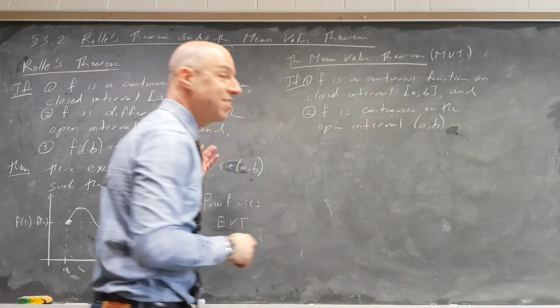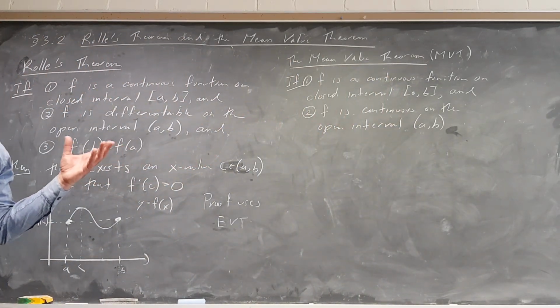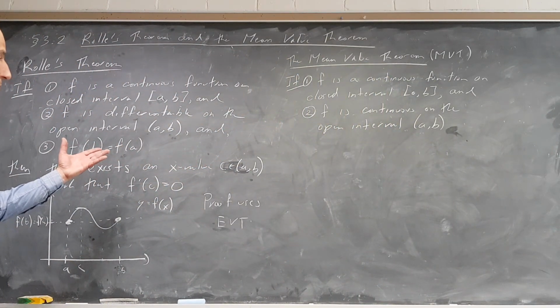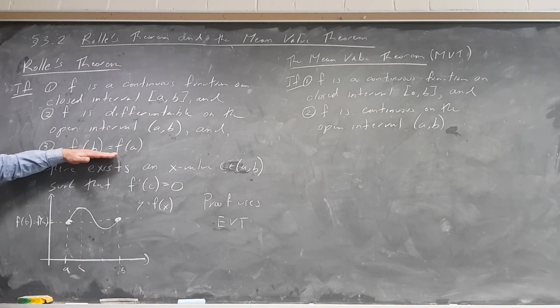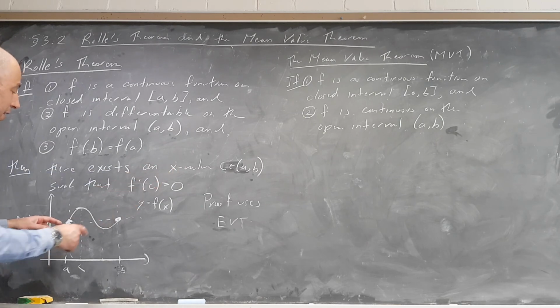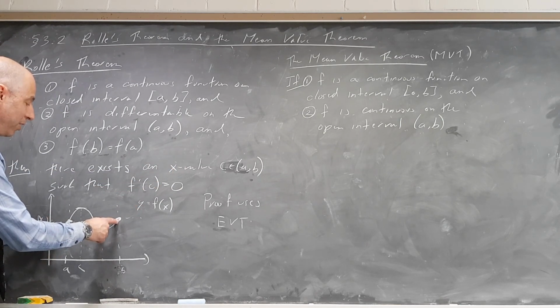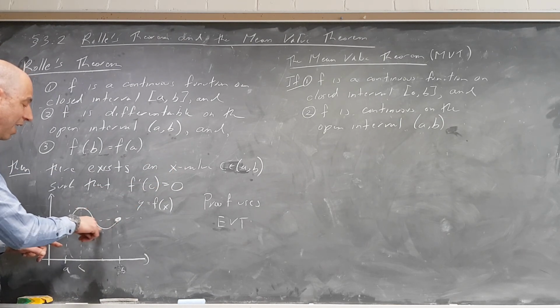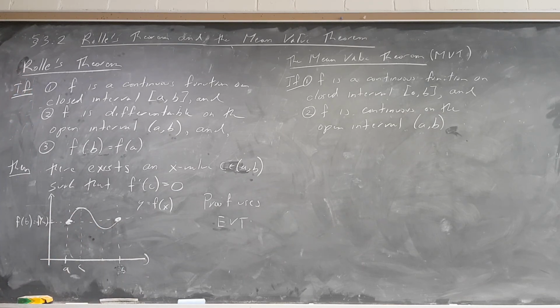So far, this looks exactly like Rolle's theorem. But in Rolle's theorem, we had this third condition. This time, we're going to drop it. I think you can see if we don't demand that these two points are at the same height, we may not have a place where the derivative equals 0. So the conclusion can clearly not be the same.